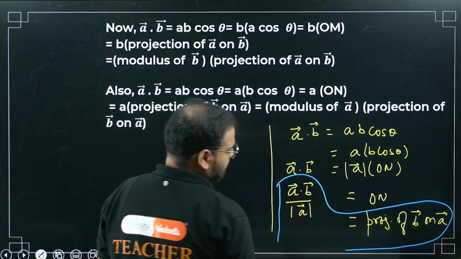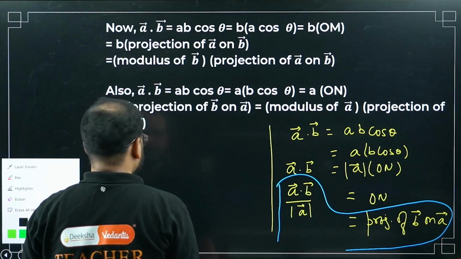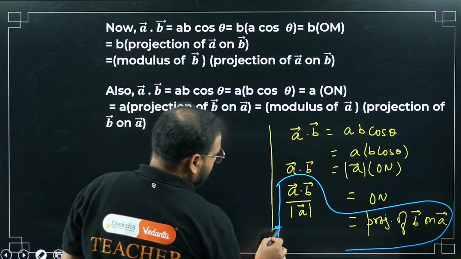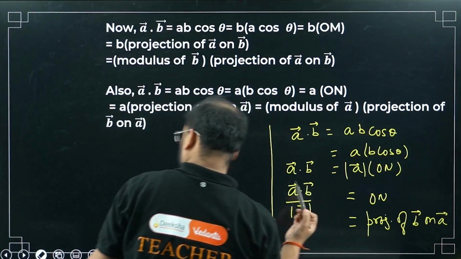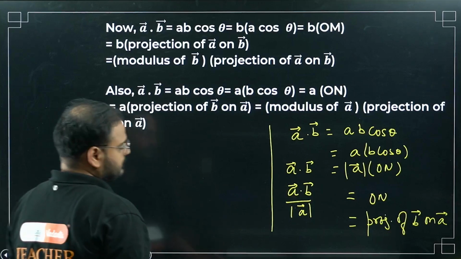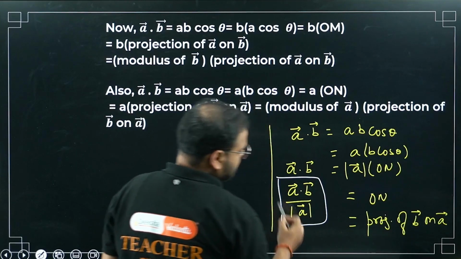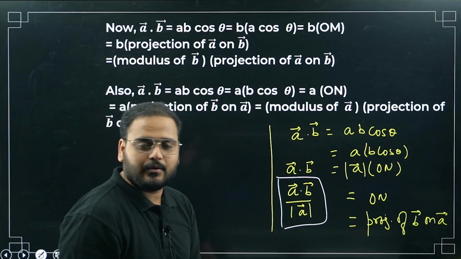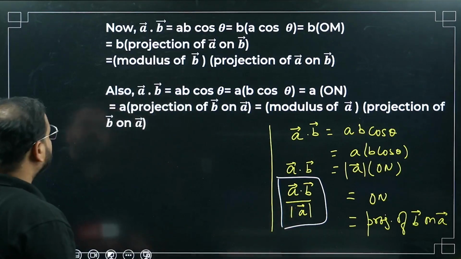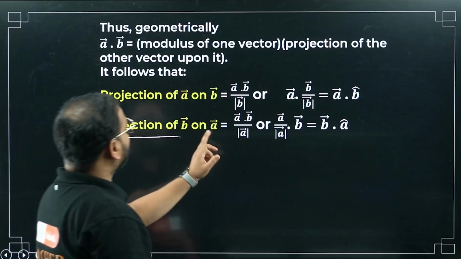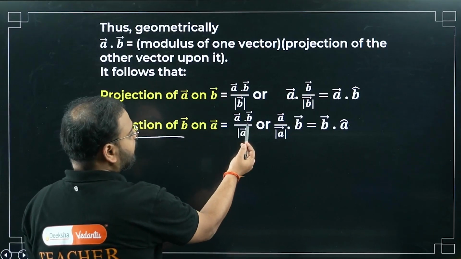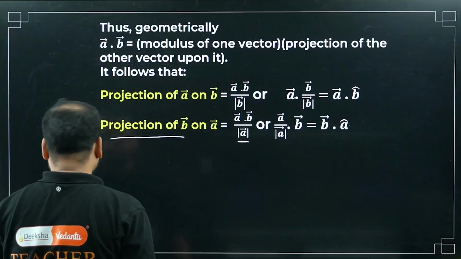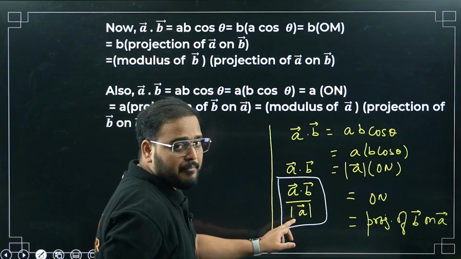This is the required value for the projection of vector B on vector A. If you want to cross check, I've written it here: the projection of vector B on A is the dot product of vectors A and B divided by the magnitude of vector A.